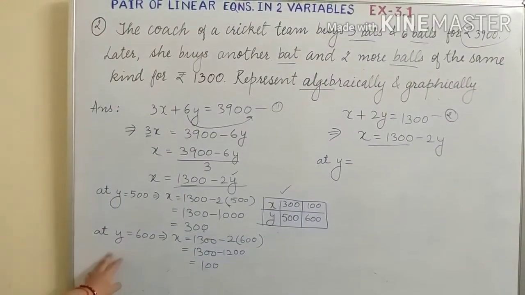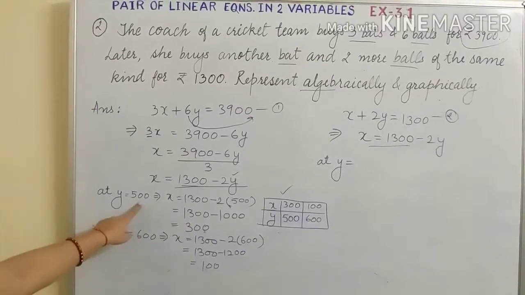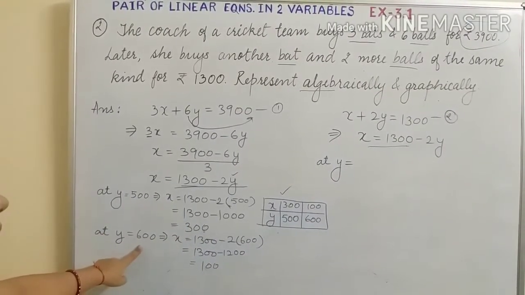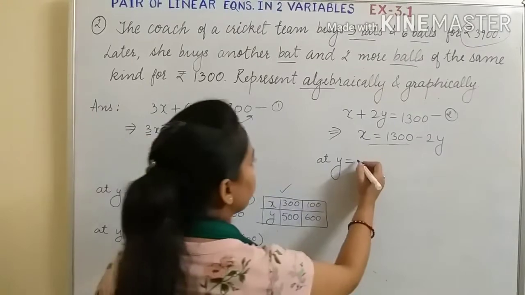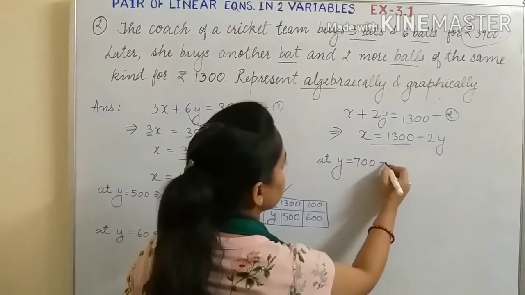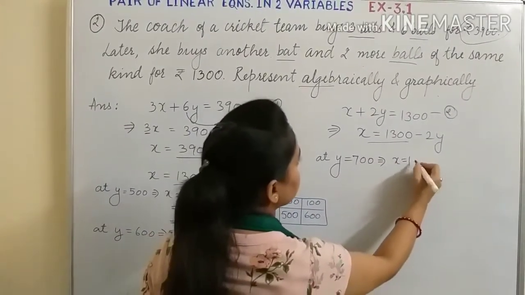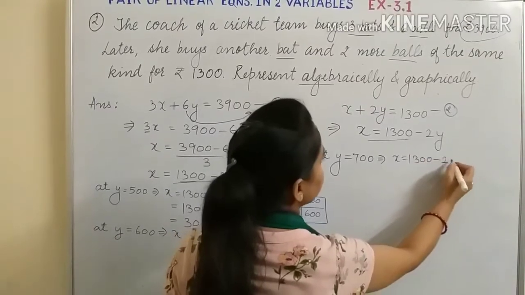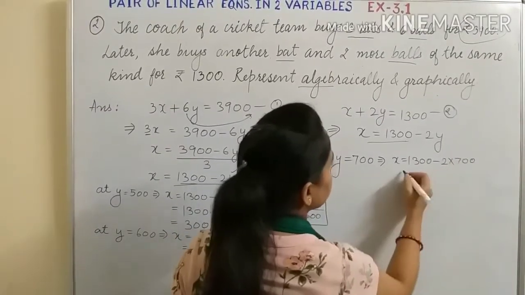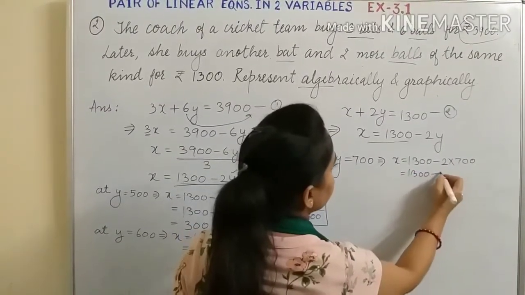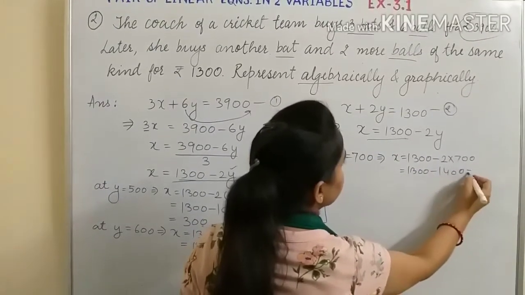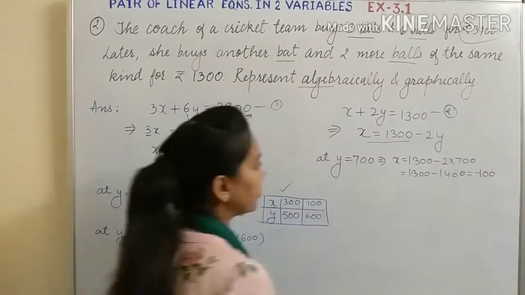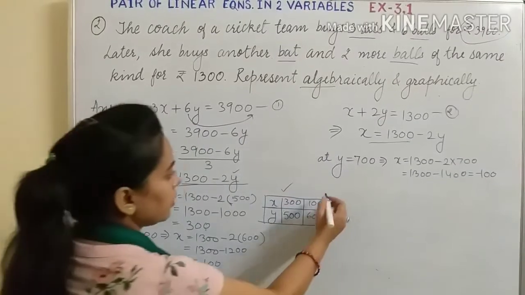Okay, suppose we take y equal to, we have taken 500, 600, let's take 700. This implies x is equal to 1300 minus 2 times 700, that is 1300 minus 1400, which comes out to be minus 100. Okay.